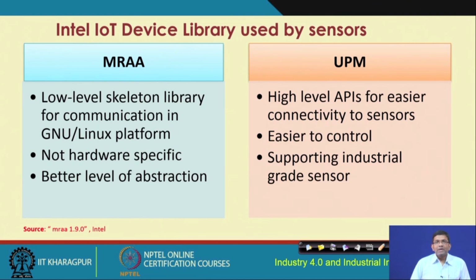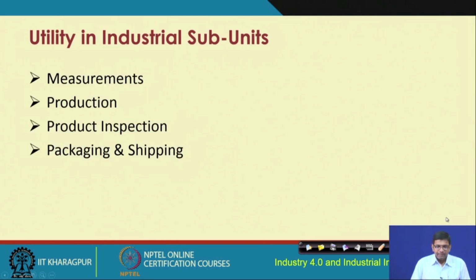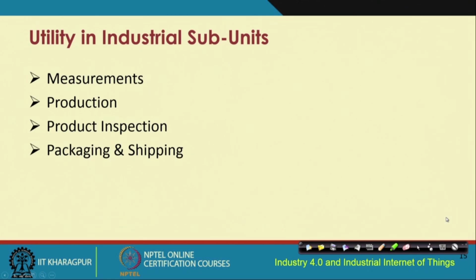So, UPM, MRAA etc. together help in supporting industry grade sensing. Utility in industrial subunits: measurement, production, product inspection, packaging and shipping. These are some of the utilities of industrial sensors and their use in different industrial subunits.